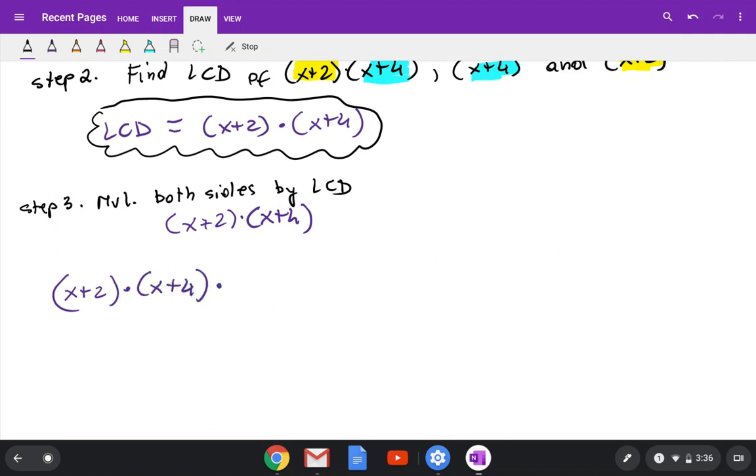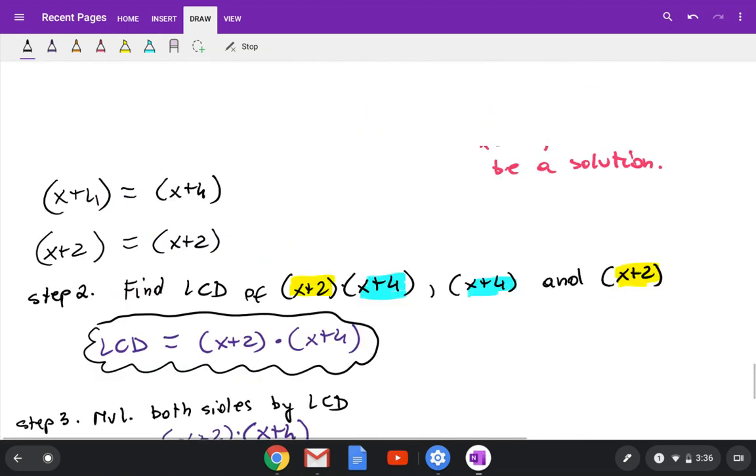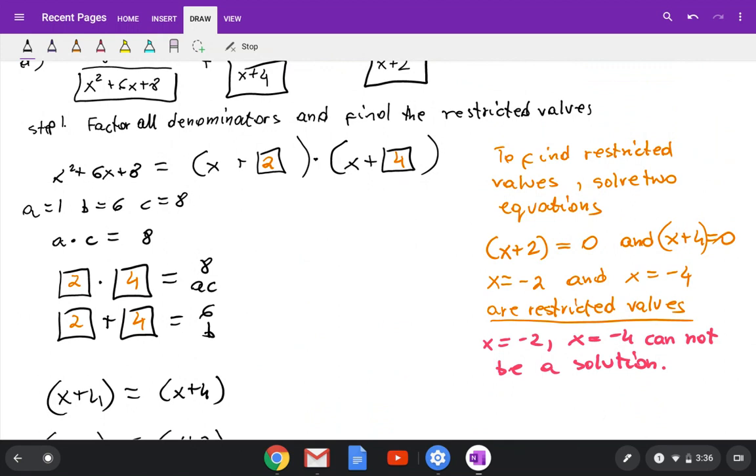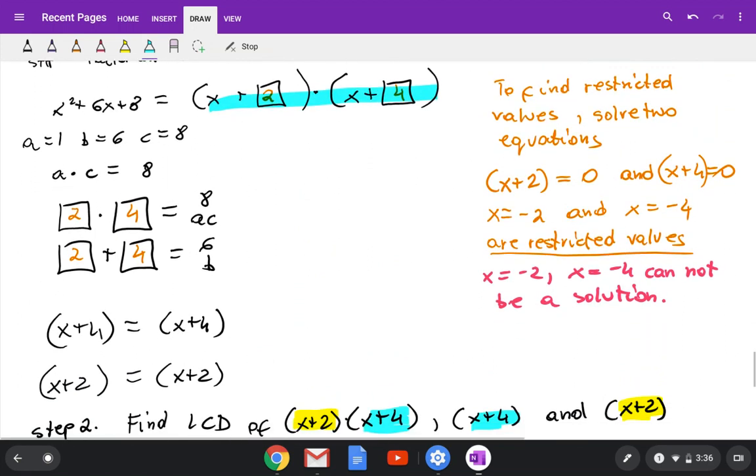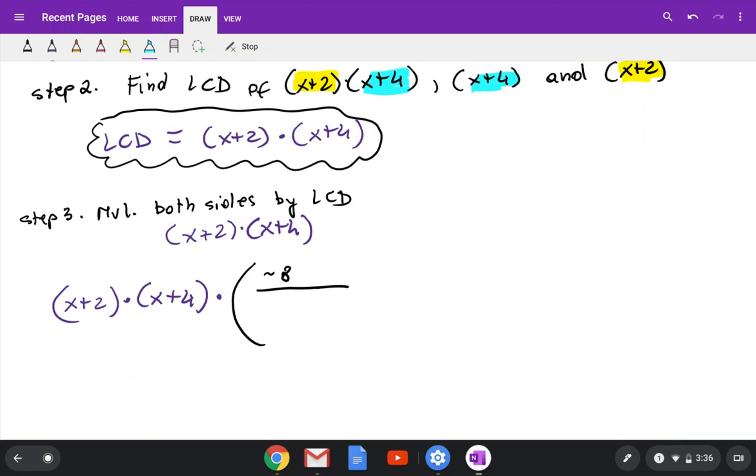And originally, the left side was negative 8 over x squared plus 6x plus 8, which you're going to rewrite using factors. So x plus 2 times x plus 4.